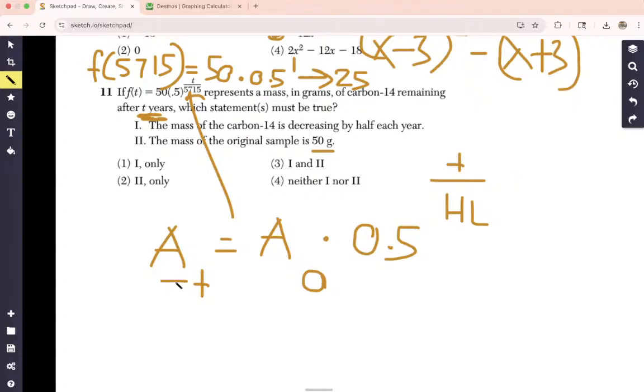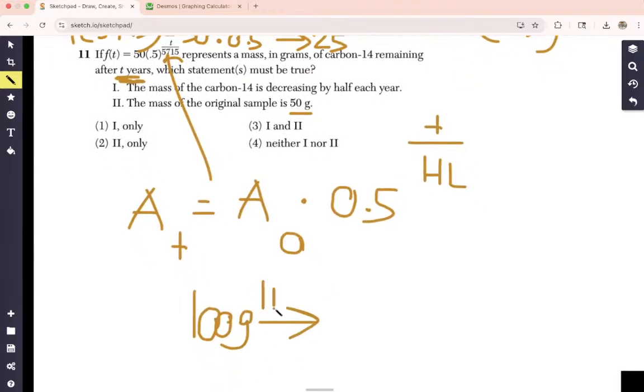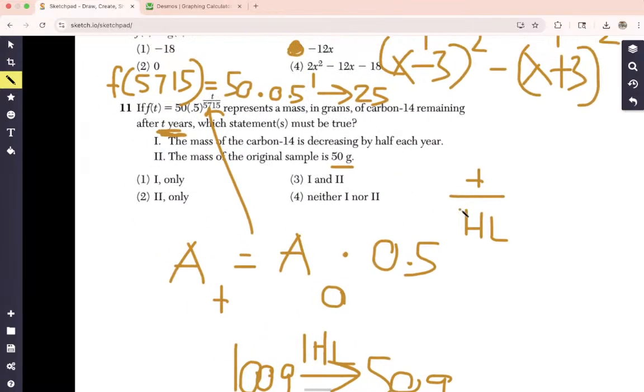The amount of your substance that you have over a certain period of time is equal to the initial amount multiplied by 0.5. You can think about 0.5 as your decay rate. So every half-life that happens, the amount of your sample decreases by a half. If you had 100 grams of a substance at first, after one half-life you're going to have half of what you originally had. That's why it's called a half-life.